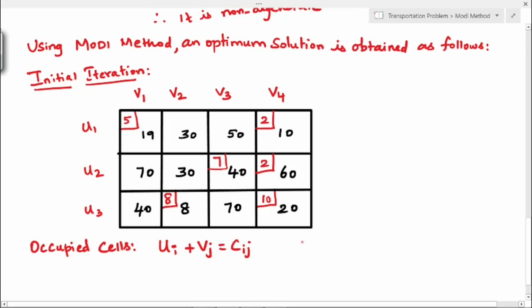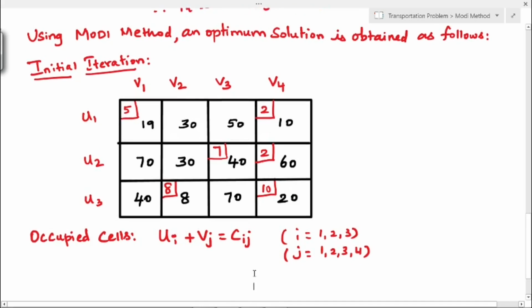Here i takes the values U1, U2, U3, so we have three values, and j, we have 4 V values, 1, 2, 3 and 4. Now we substitute the occupied cells in this equation to find U1, U2, U3 and V1, V2, V3, V4.